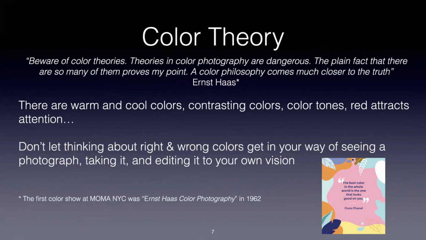Ernst Haas, by the way, was the first color photographer to show at MoMA in New York City in 1962. So he was the guy that actually was the first one to have color images put up. In color theory, the basic color theory is there's warm and cool colors, contrasting colors, color tones, red attracts attention. There's a lot of little bits to it. We'll talk about them.